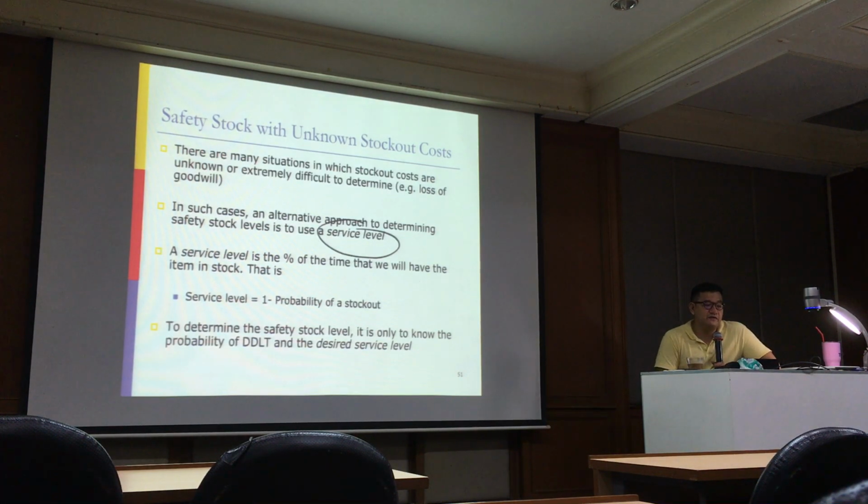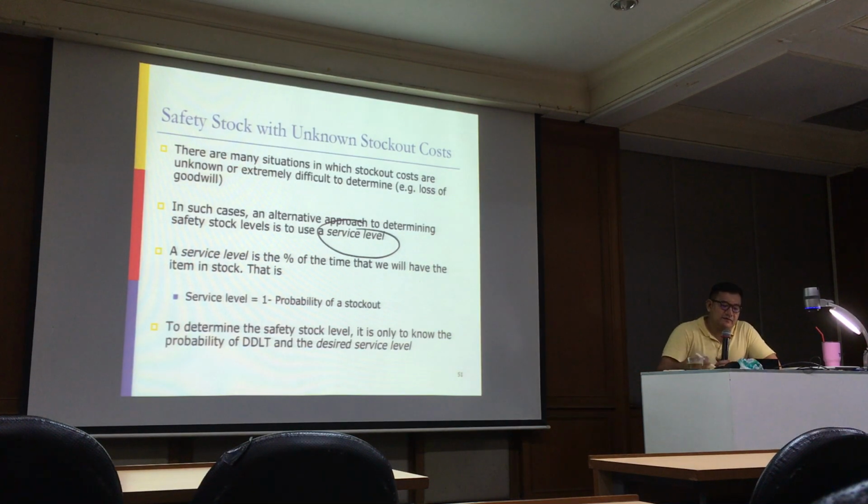And for sure the service level is offset with the stock out. So if you have service level 90%, it means you're going to have a probability of 10% that stock out occurs. Okay, service level and stock out are offset. Service level 70%, stock out 30%. Service level 95%, stock out 5% will happen.